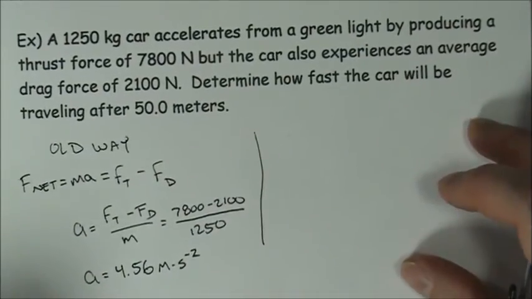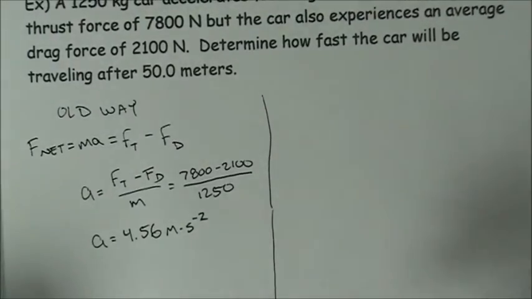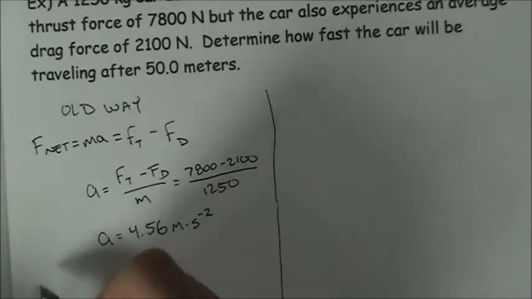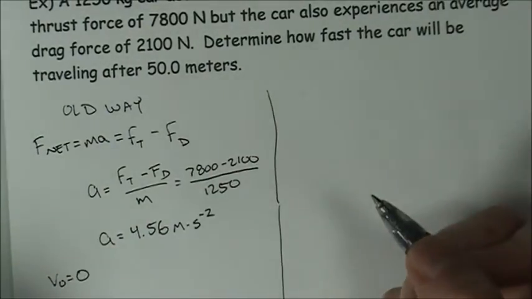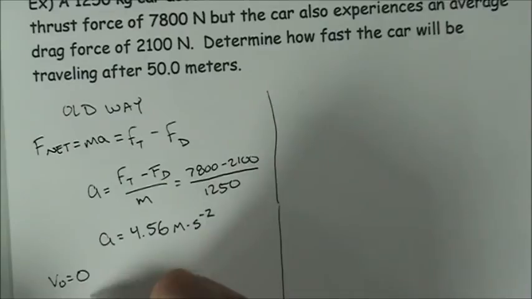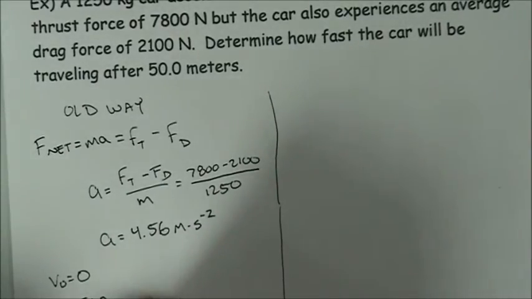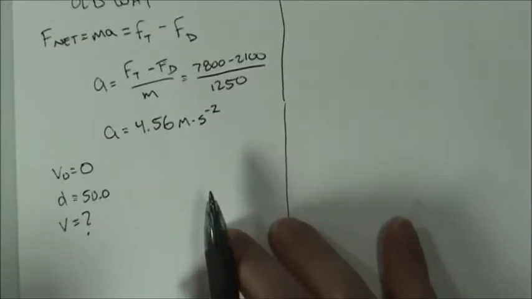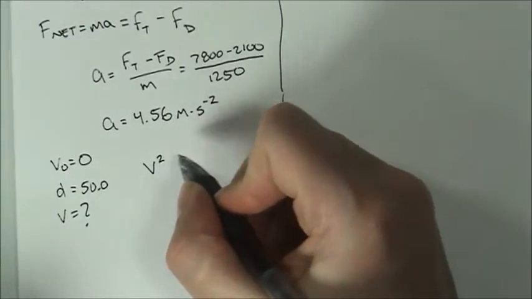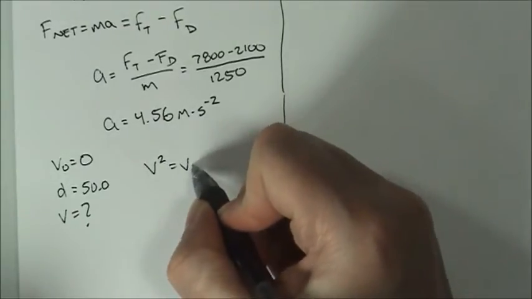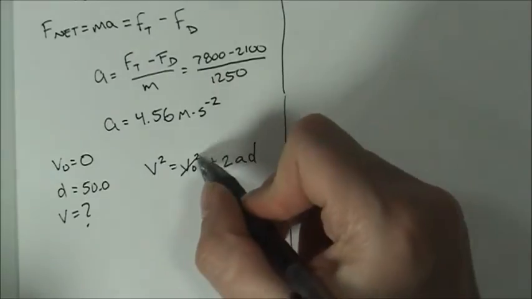meters per second squared. Okay, and then in the second step, we would go back to the old kinematic equations. So I have A. I also know that the initial velocity was 0, and I know that the displacement was 50 meters. So if I wanted to know the final velocity, I would just use the old kinematic equation, which says that V squared is equal to V naught squared plus 2AD.